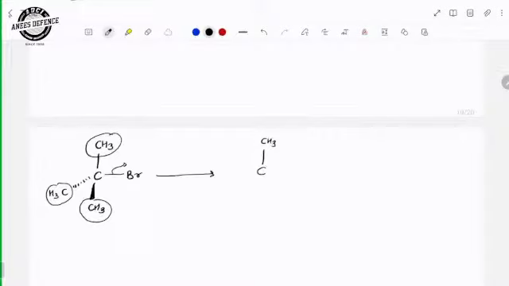Now these three methyl groups will align themselves in such a way. So this is my transition state. Now Br minus has left the carbon atom with the bonding pair of electrons, so it is acquiring a negative charge.